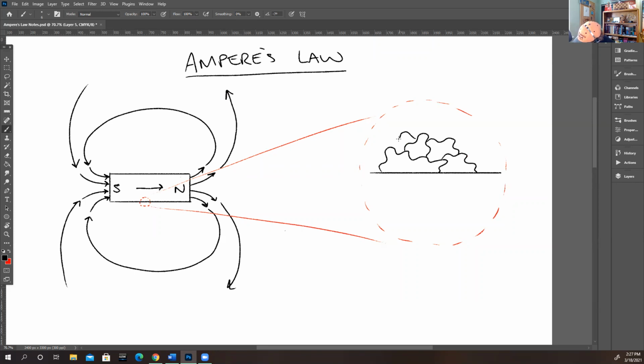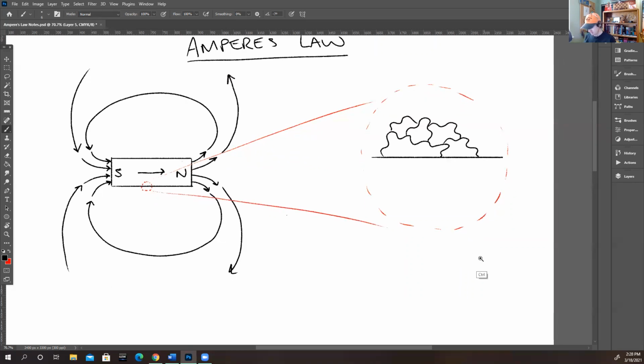These are called domains, just random shaped things that have been melted together. This is molecular structure, very, very tiny. Let's look even farther, at the atomic structure of this magnet.